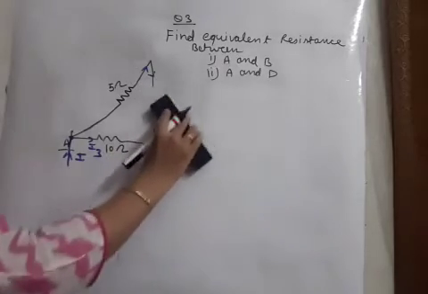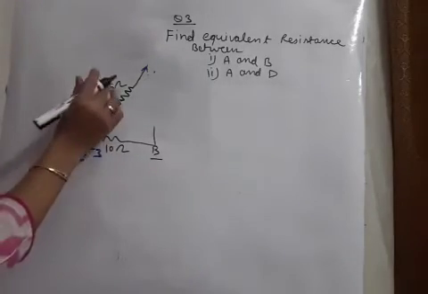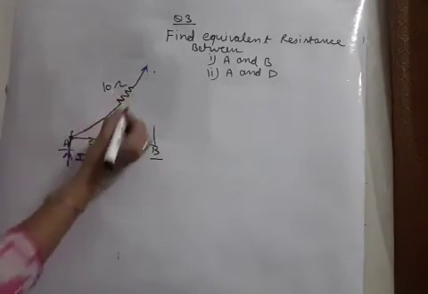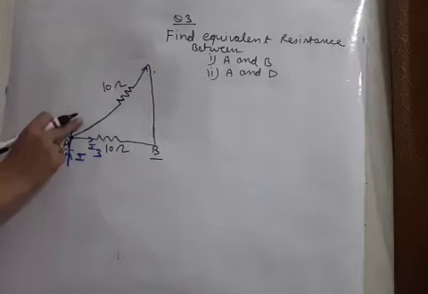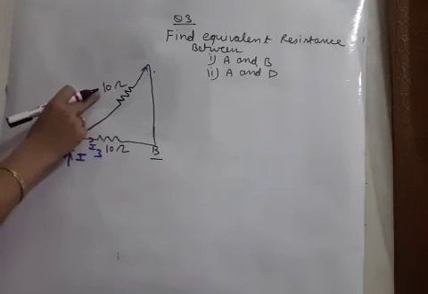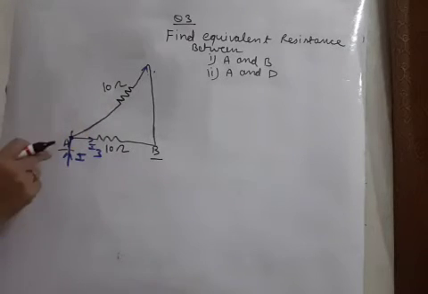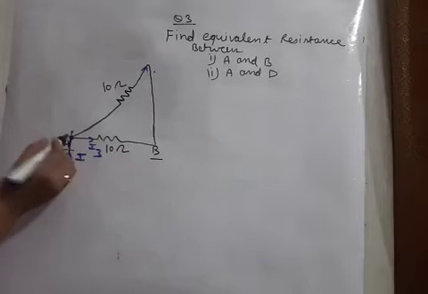Series means now their net answer is 5 plus 5, 10. So we will now write here 10 ohm. One of the resistances we have to remove, meaning a straight line, and in place of the other resistance we can write the final answer. So 10 ohm written. Now continue taking.